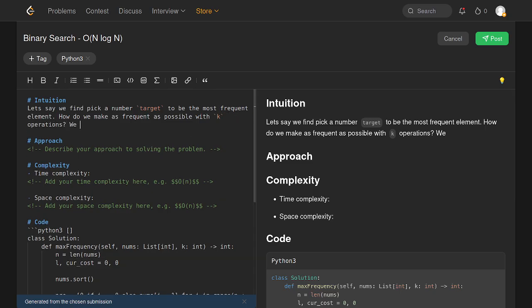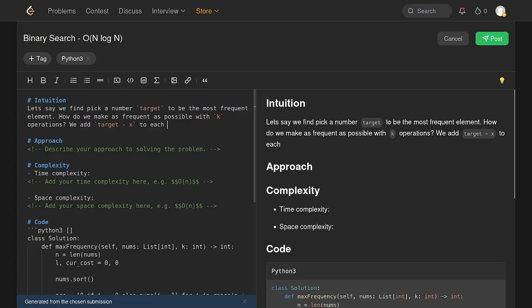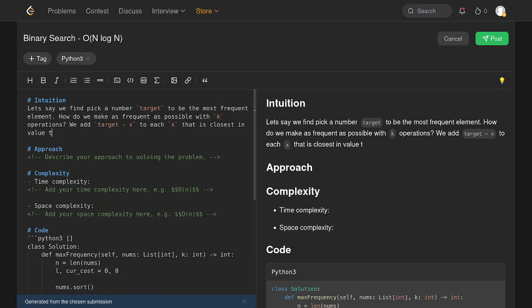We add target minus x to each x that is closest in value to target until we have no operations left.